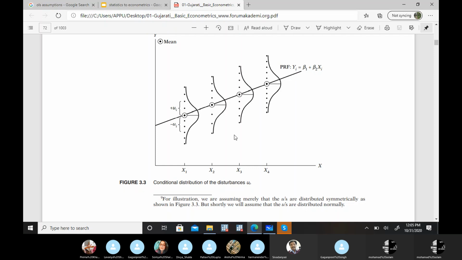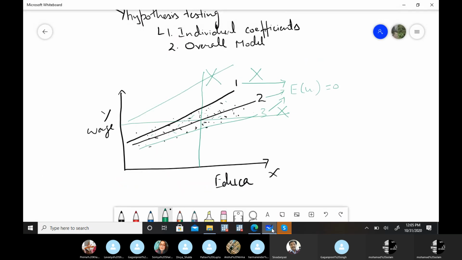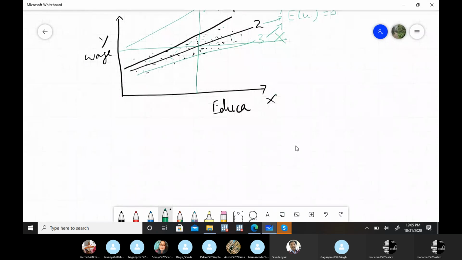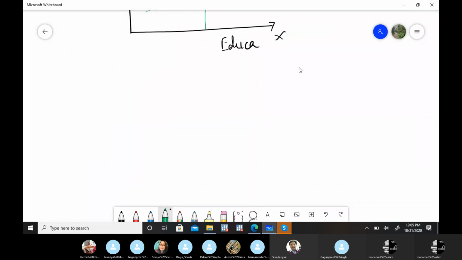This is the assumption we have. Again, these assumptions are crucial to prove some properties. We still have to do that, and then you will have more clarity on why the assumption is needed. But just try to understand.